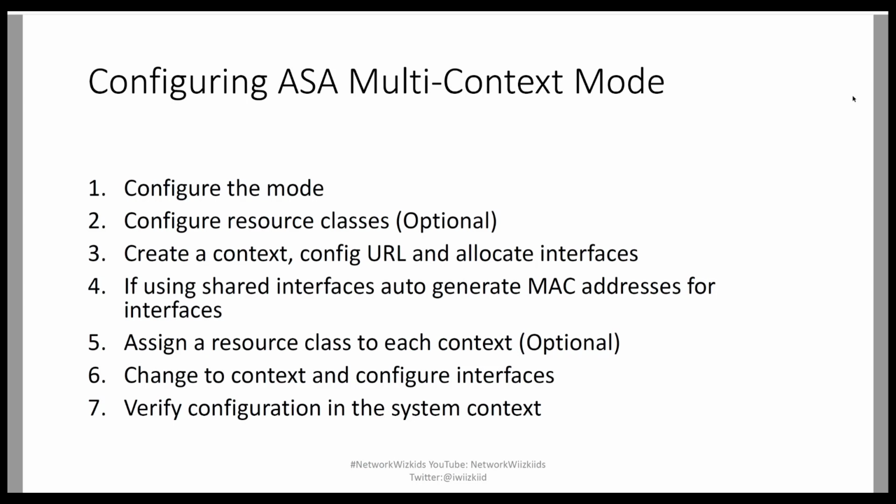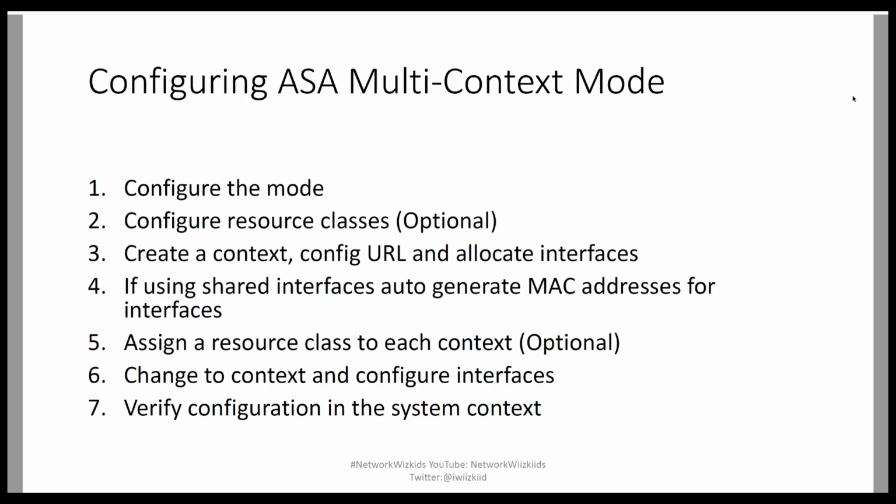After you've done that, you then create a context and config URL. This is where the configuration should be saved for that context, and you then also allocate interfaces to that context. If you're using shared interfaces, use auto generation of MAC addresses for those interfaces, and we'll take a look at how to do that in the lab.